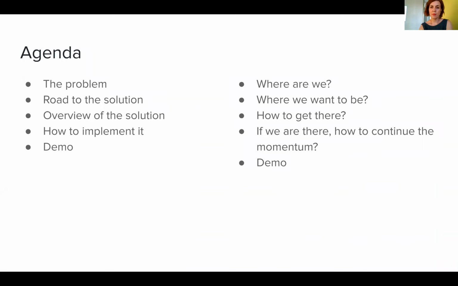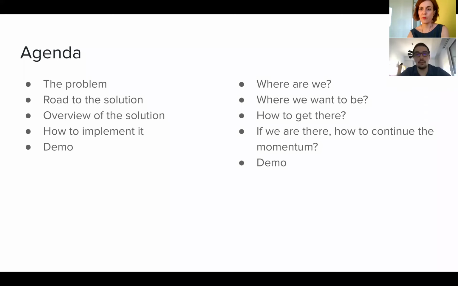I'm going to explain the solution in multiple steps, showing the pros and cons of each iteration of the solution. And once we can implement the solution, I'm going to show you how we try to improve ourselves and continue the momentum.